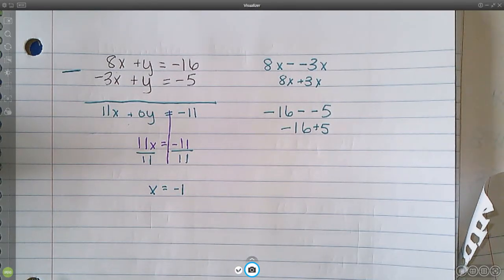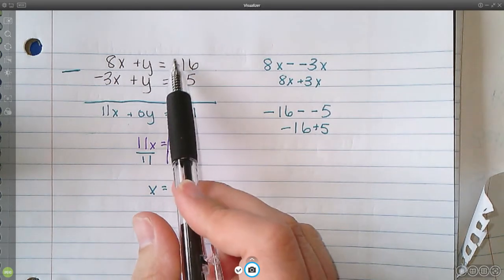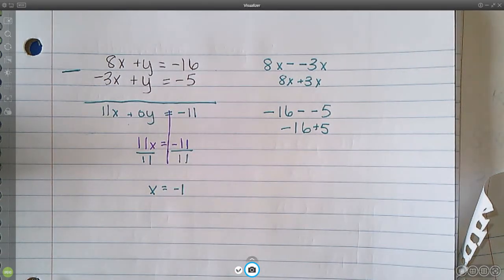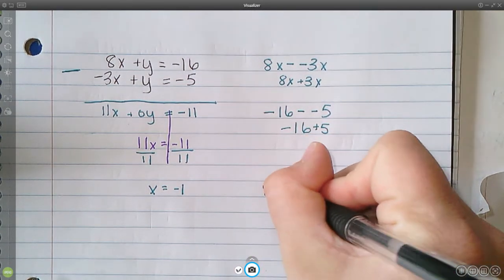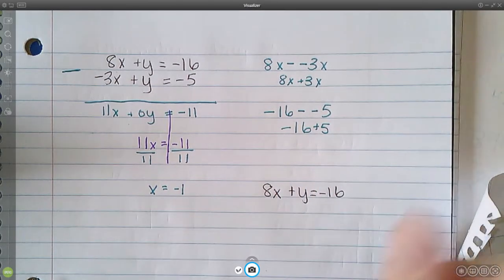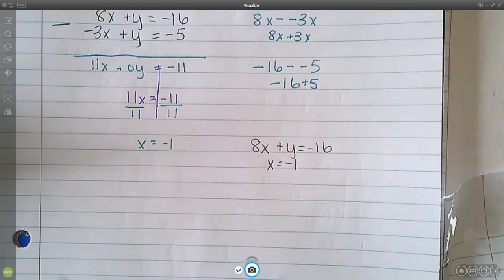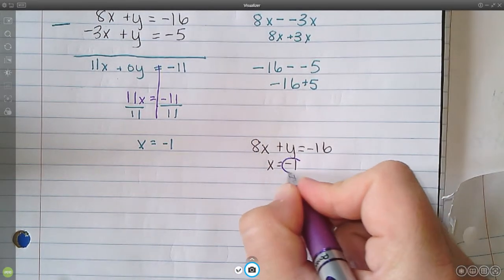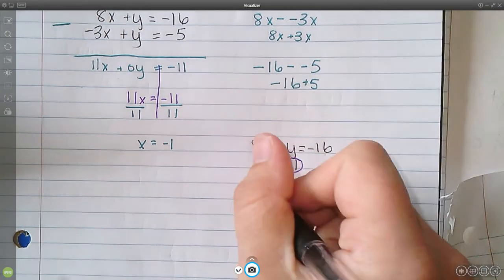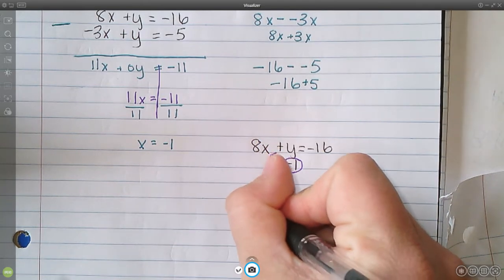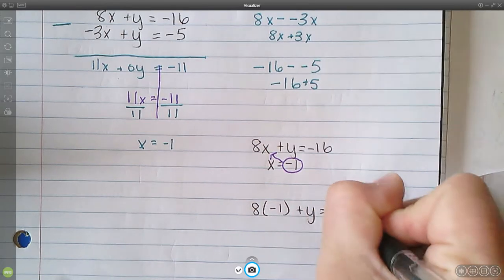All right, next step, substitute. We're going to take this and plug it in for one of these two. I'm going to use the top one. You can plug it into the bottom one if you would like. So 8x plus y equals negative 16, and we also know that x equals negative 1. So I'm going to take this negative 1 and put it in for that x. I get 8 times negative 1 plus y equals negative 16.